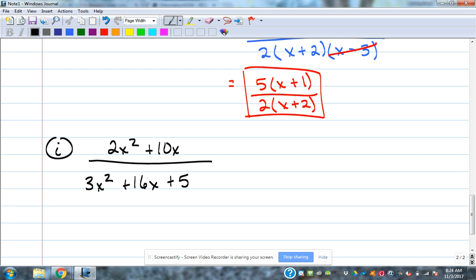What goes on here? What's the top? Pull out 2x, good. What's left in the parentheses? x plus 5, good.